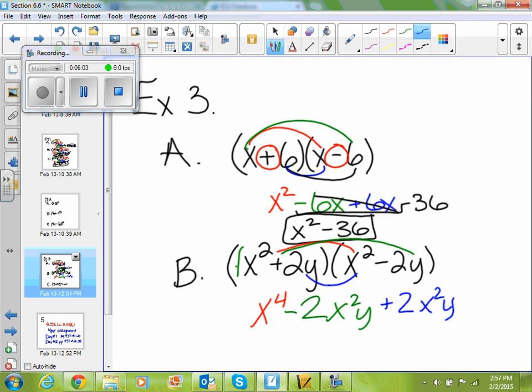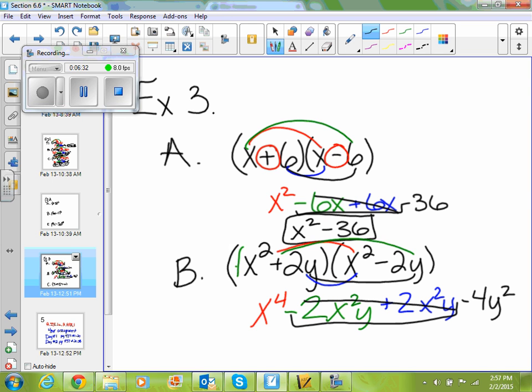You just put it in alphabetical order, so x comes before y, because it's easier to read off. And then 2y times negative 2y is negative 4y squared. There you go. So when we combine our middle terms, negative 2x squared y plus 2x squared y is 0.